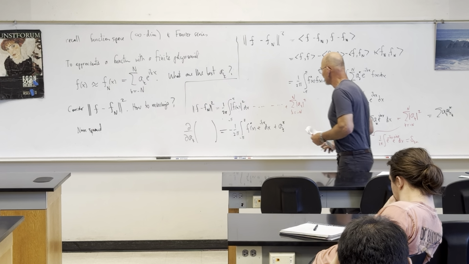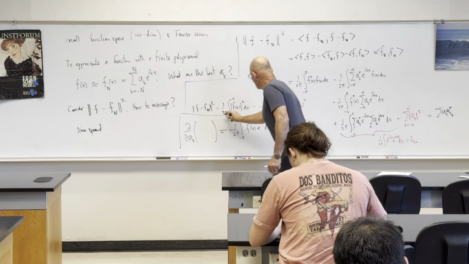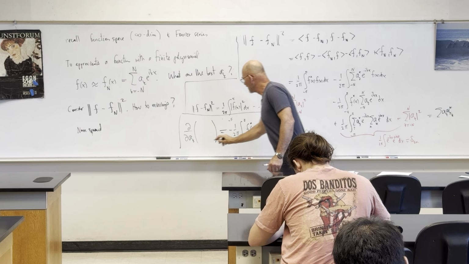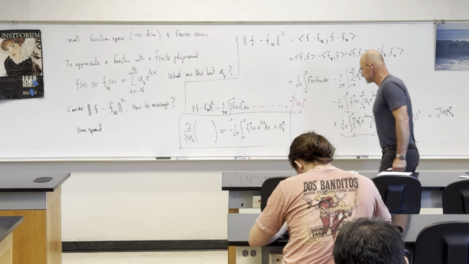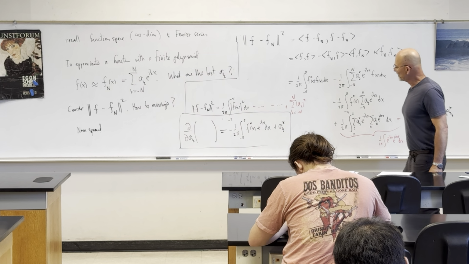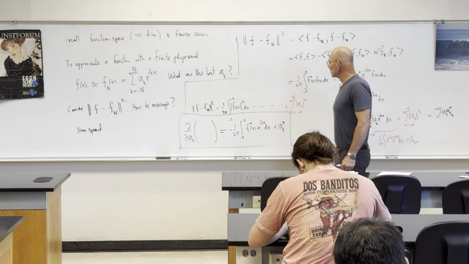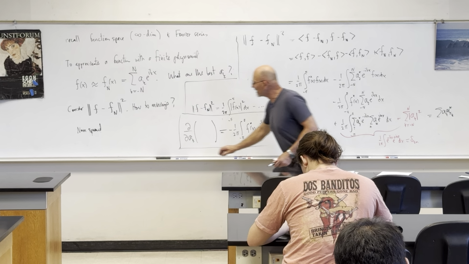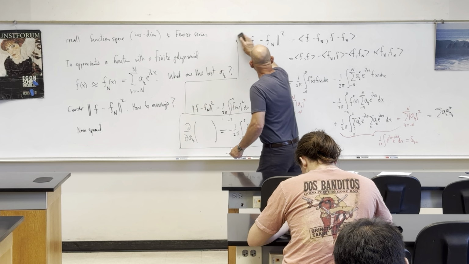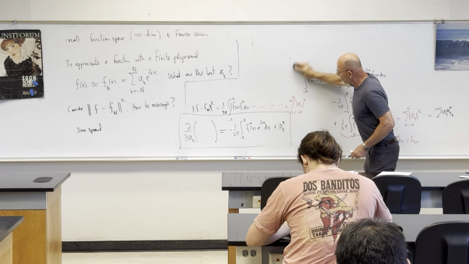That's the result of the partial derivative with respect to the coefficient a sub k. And of course, we're trying to optimize this, so we're going to set this partial derivative equal to 0.